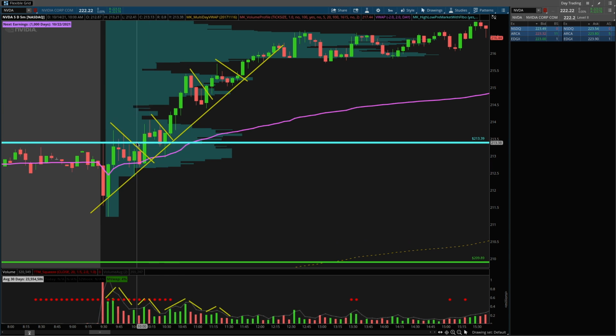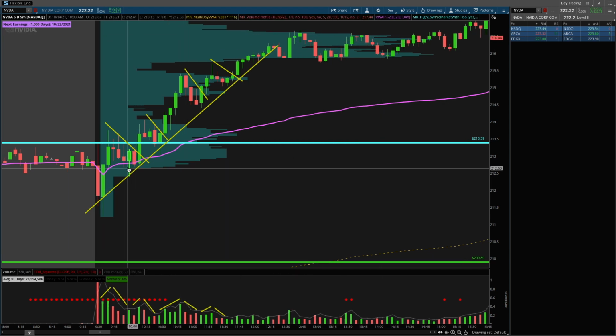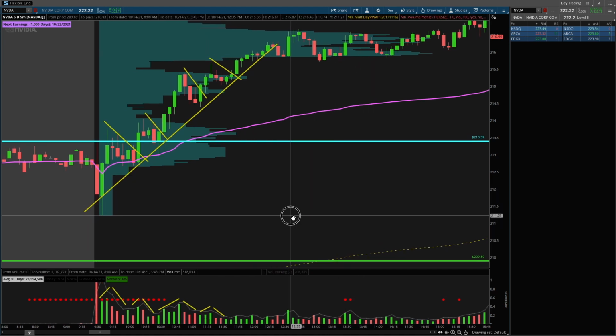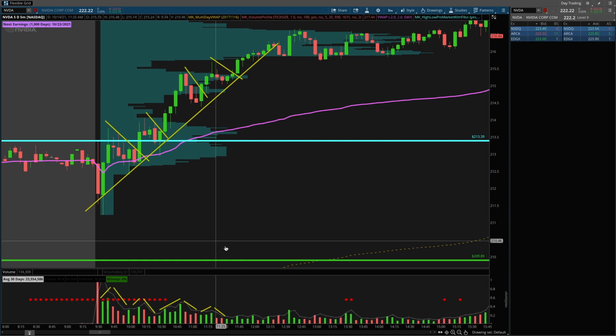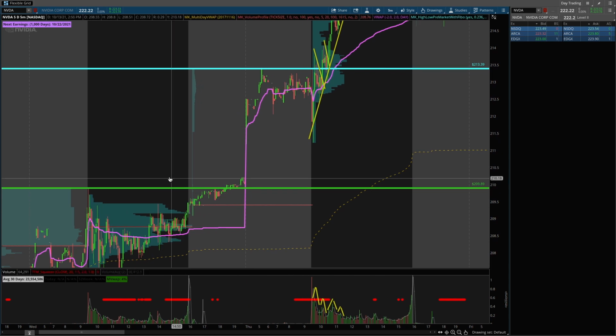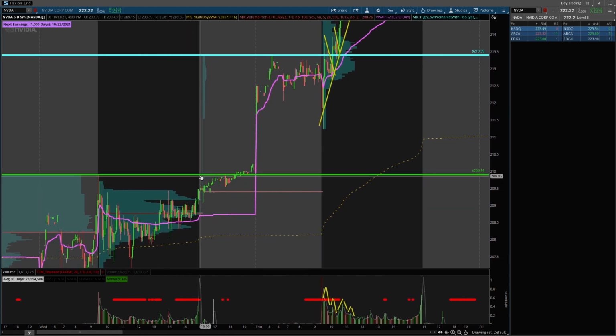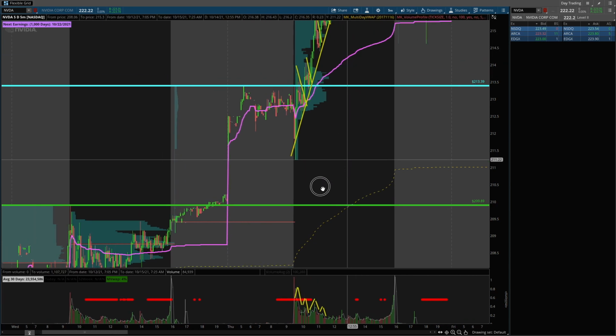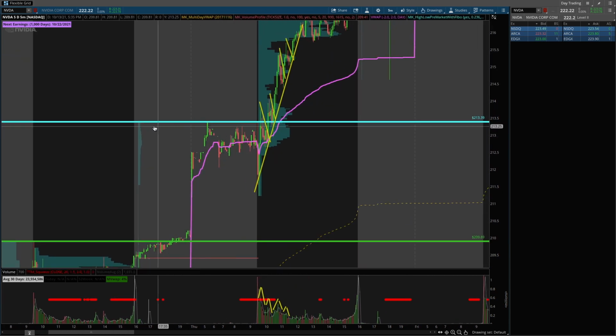If the price is over VWAP, we assume the trend is up, and we check for bull flags. Vice versa, bear flags. It's just as simple as that. This green line shows me yesterday's highest price. And this blue line is the pre-market high.